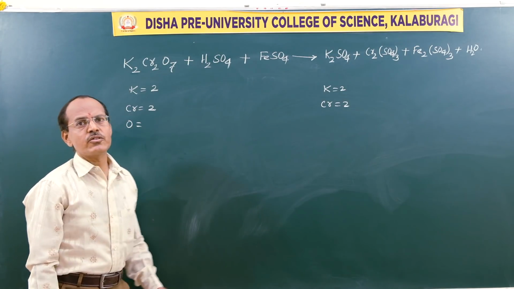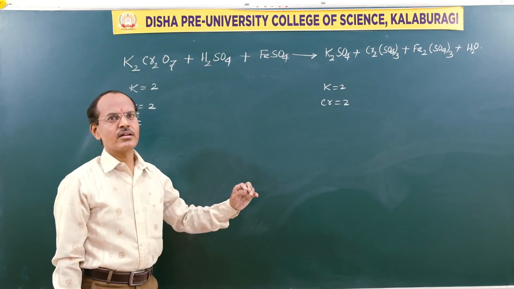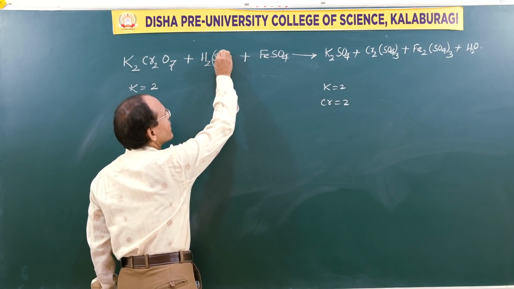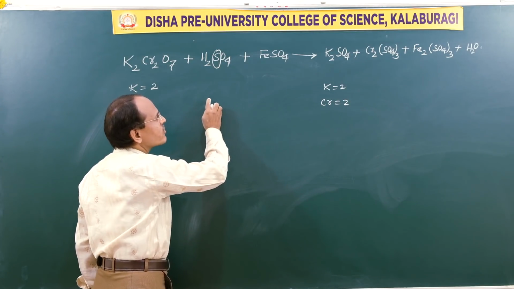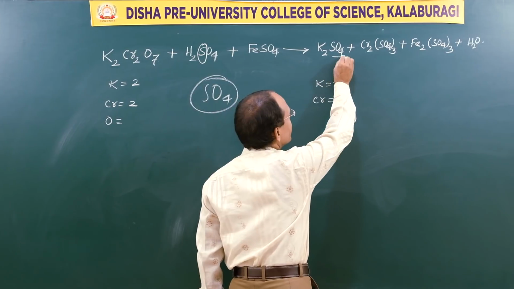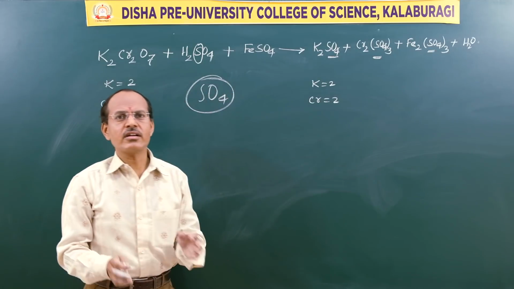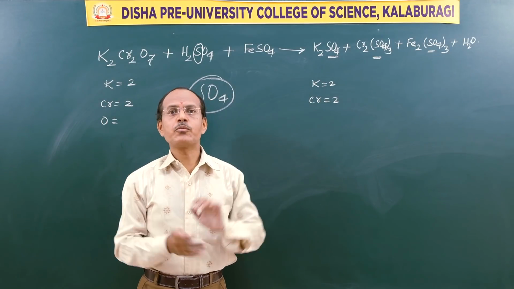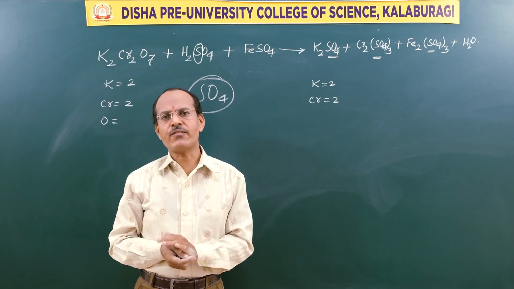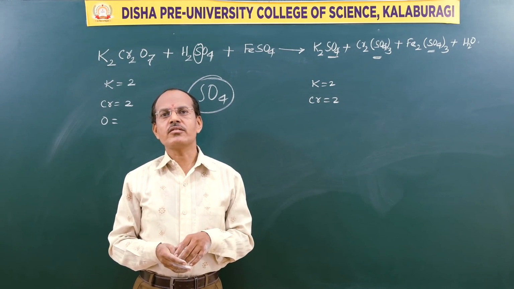One thing I would like to tell here: if you observe the equation, sulfur is always bonded with oxygen in the form of sulfate, isn't it? Here also you will find sulfate. That means sulfur is not actually split. Sulfur is bonded with oxygen in the form of sulfate. At that time, don't split sulfur and oxygen.